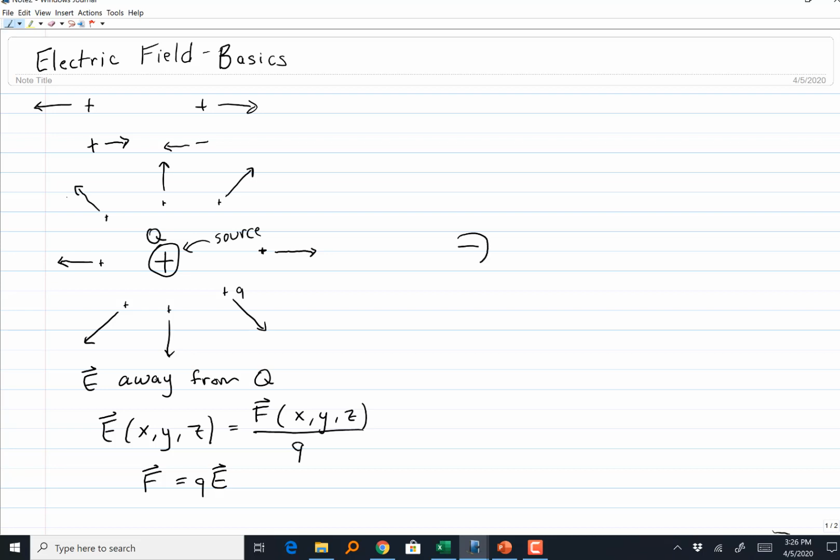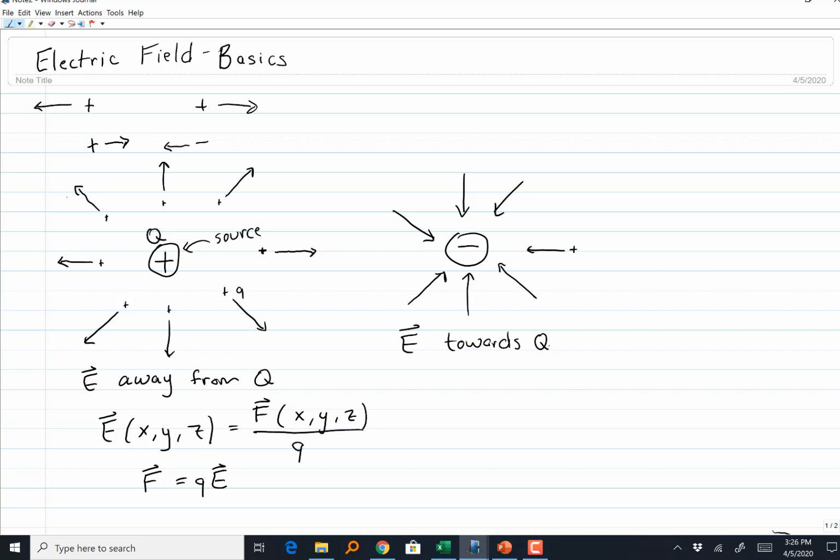So if I've got a negative charge, and again I'm going to use this small, positive test charge to see the direction of the force, right? But if it's small enough, then we just get the value for the electric field. I'm going to get a series of vectors that are all pointing towards my negative charge. And so in this case, my electric field is pointing towards my source charge, Q.